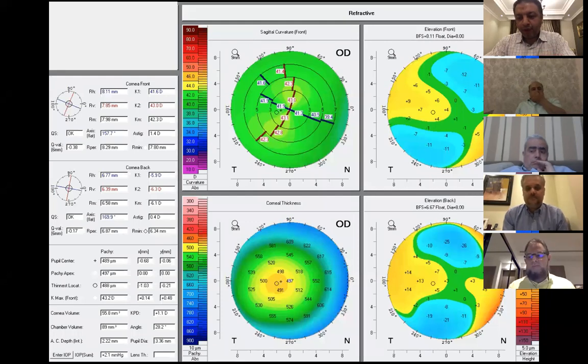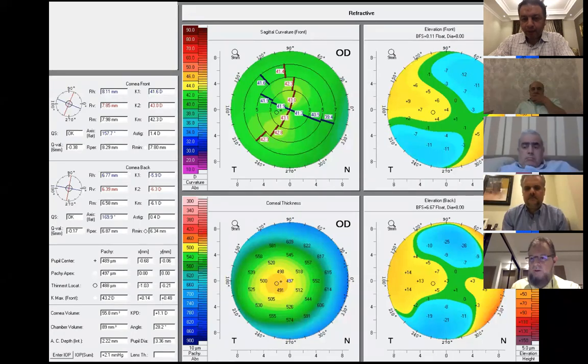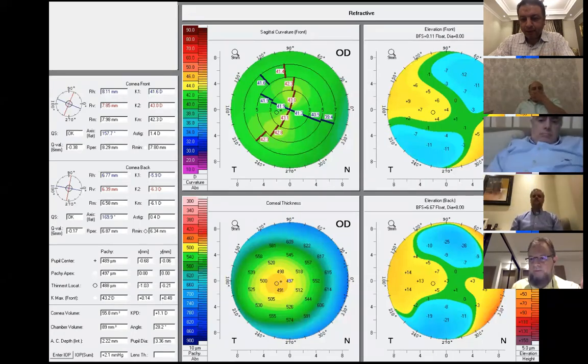If I put +5 instead of +6 for this patient, the best corrected visual acuity is still satisfying. Let's assume the difference is 0.2 logMAR. Does it make any difference? 0.2 instead of 0.3 decimal, so one line. Just one line. About the quality of vision, it's much different.